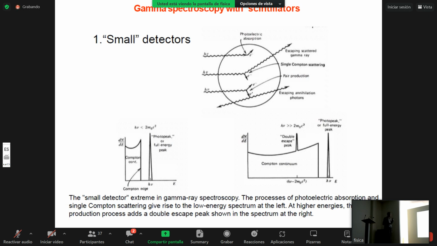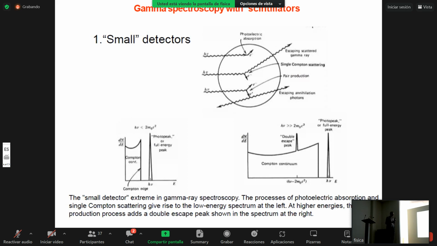If the energy of the gamma ray is more than 1 MeV, remember electron-positron pair production is a threshold process, and in this case we have a possibility to create these so-called annihilation photons.